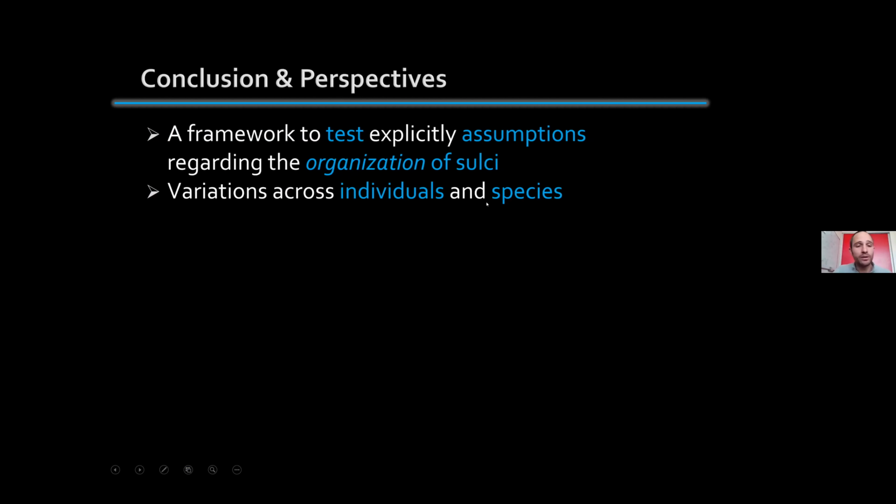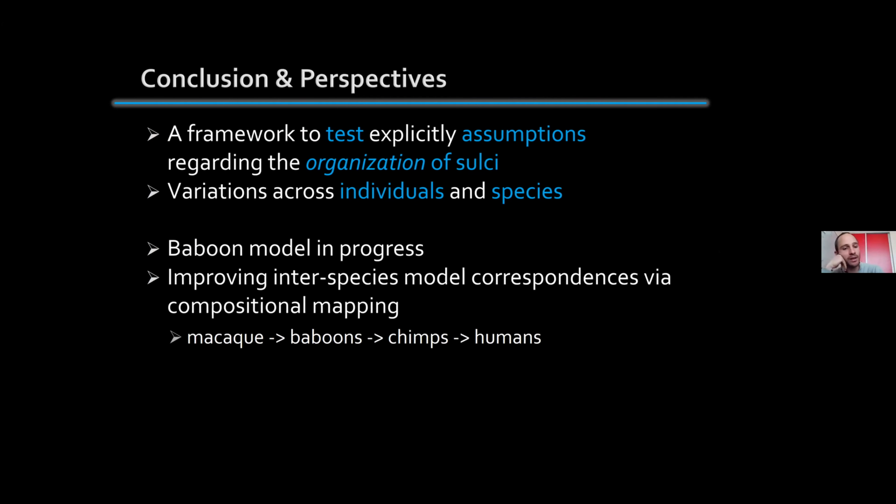In conclusion, the main point here is that this framework is original because it allows us to test explicit assumptions regarding the organization of sulci. So that's the originality. There is no other alternative to do that as far as we know. And also, as I pointed out several times, we made efforts to integrate the dimensions of variation across individuals and species.